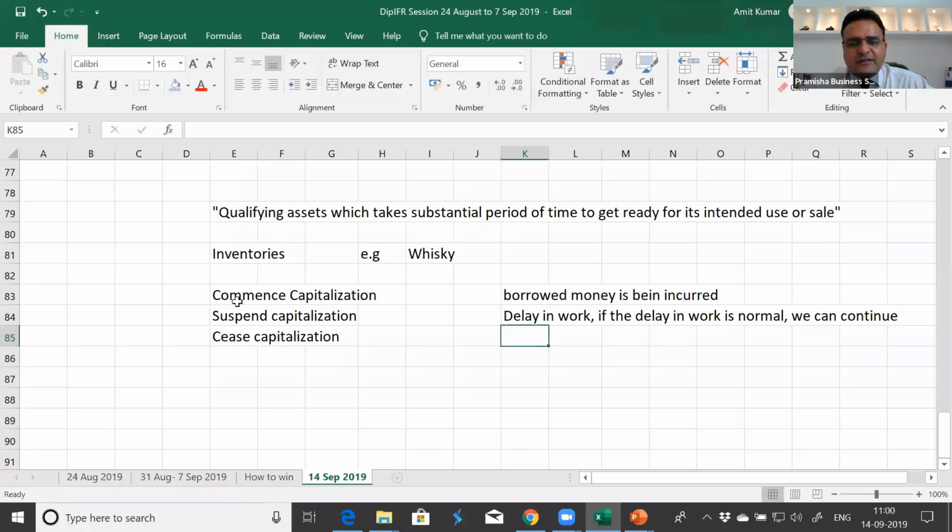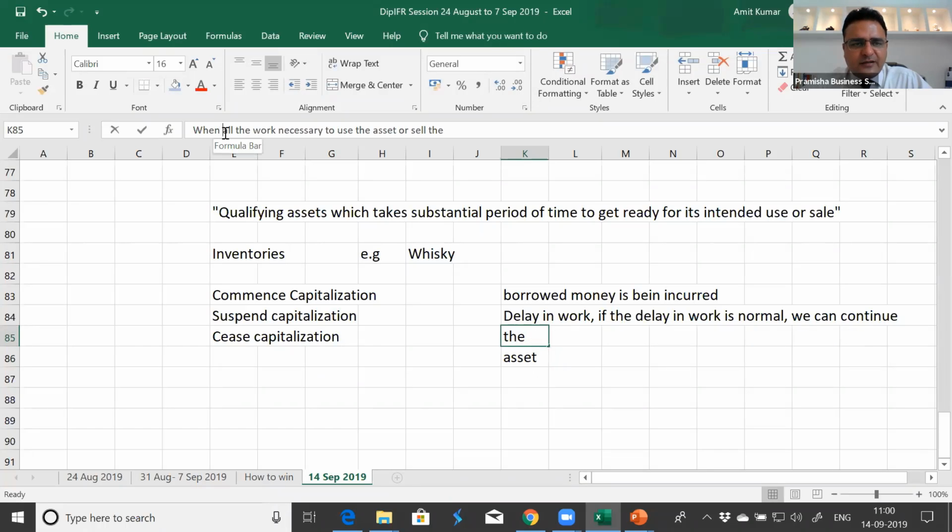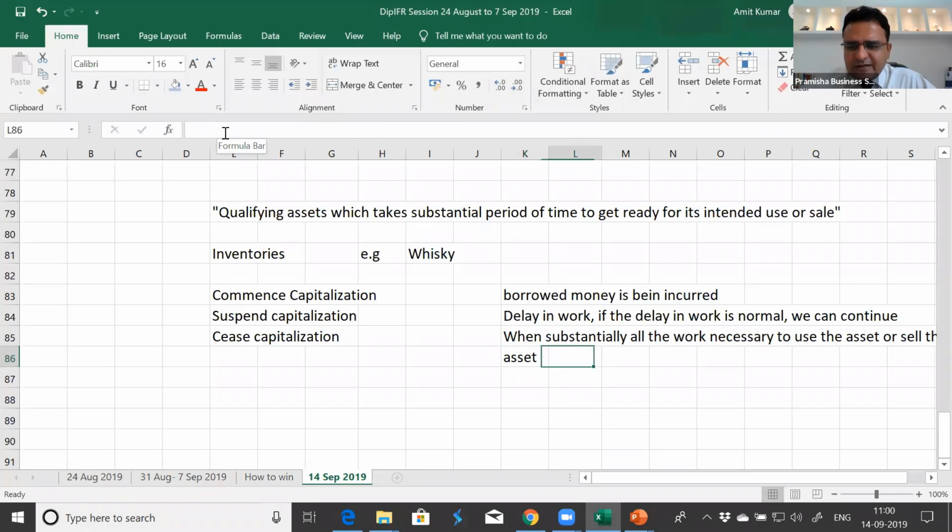We'll cease capitalization when all the work necessary to use the asset or sell the asset is complete. The standard uses the term substantially all the work necessary to use the asset or sell the asset is complete.